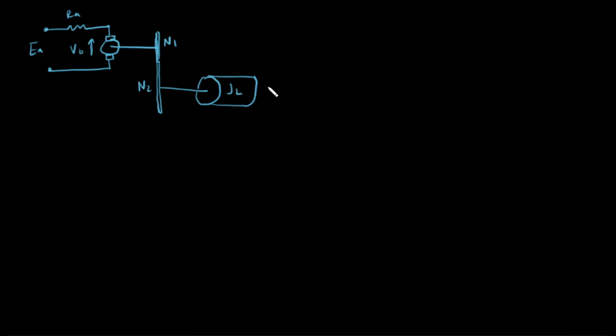Call this JL, and it has some damping in it, which we can model like this. We'll call this the damping from the load, the inertia from the load. This is our output position, theta 2. The number of teeth on the first shaft is 100. I will say the number of teeth on the second shaft is 1,000.